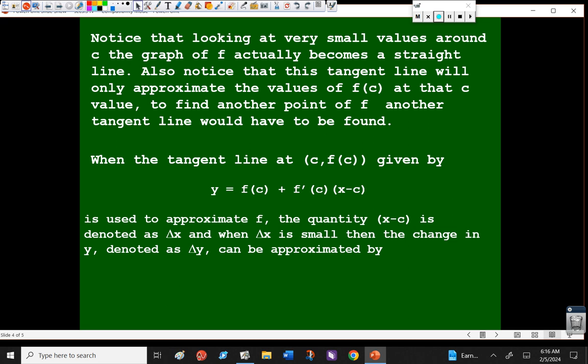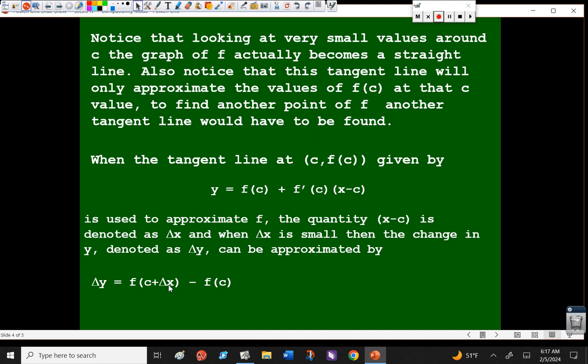the change in y is called delta y. And that can be approximated by f of c plus delta x minus f of c. Basically we're breaking down the slope. Remember, the change of y, or delta y, is what you get when you subtract the two y values.